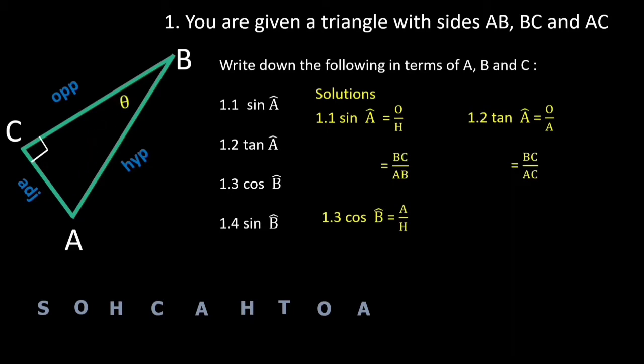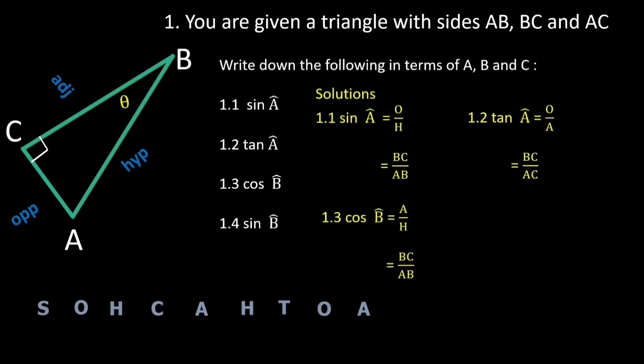Now, if we do that, it means side AC is the new opposite side. So AC is now opposite the reference angle, and BC is now the adjacent side. The hypotenuse side doesn't change. So we can actually swap the position of the opposite and adjacent sides. We get cos B is now BC over AB, adjacent over hypotenuse.